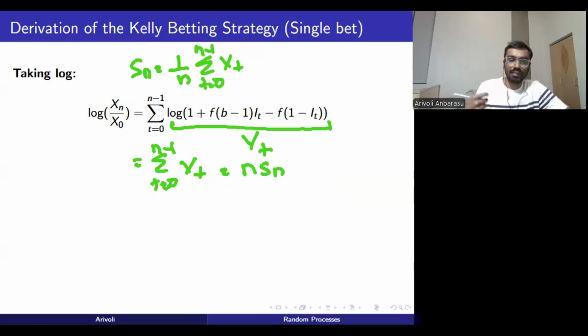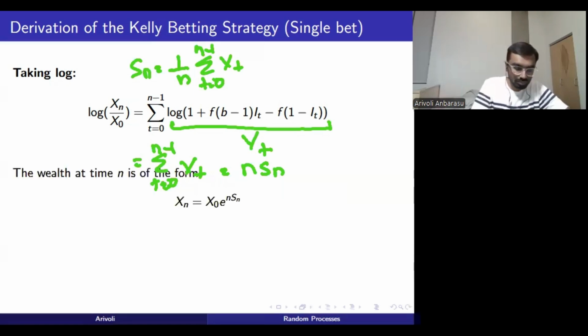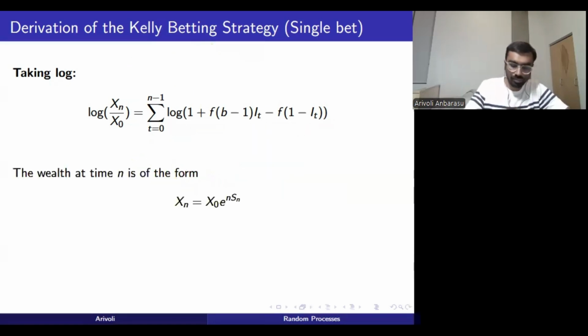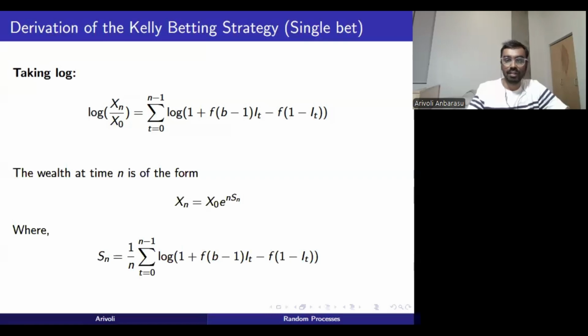If we use the sample average to calculate the wealth at time t equal to n, we get xn equal to x naught times e to the power n Sn, where Sn is the sample average.